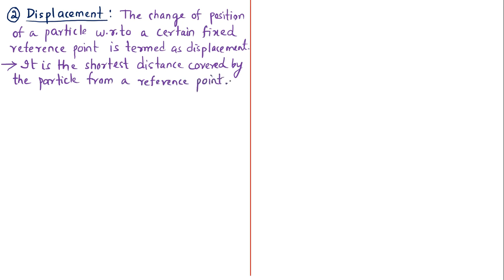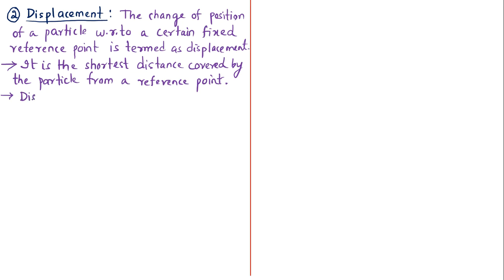What is the shortest distance covered by the body? That is known as your displacement. Okay, but it is not equal to the distance traveled. Displacement is equal to distance traveled only in what? Linear motion, rectilinear motion. Okay, rectilinear translation.